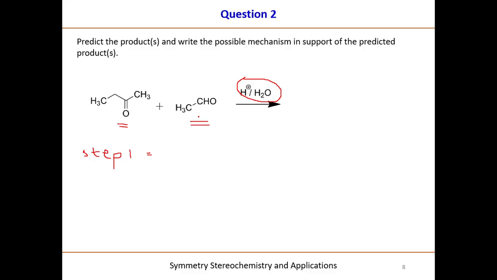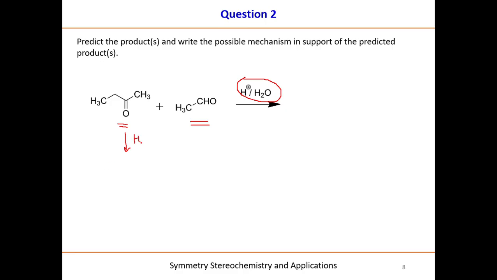First of all, we have to go step by step. As I told you, it will protonate the aldehyde or ketone to form the enol. So in the first case, I am going to protonate this ketone. Then in the second case, I will protonate the aldehyde. So when I protonate the ketone, I will protonate it here with H3O plus.